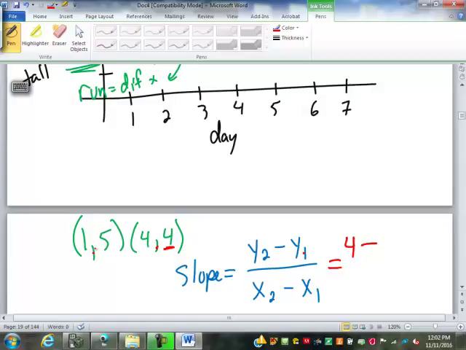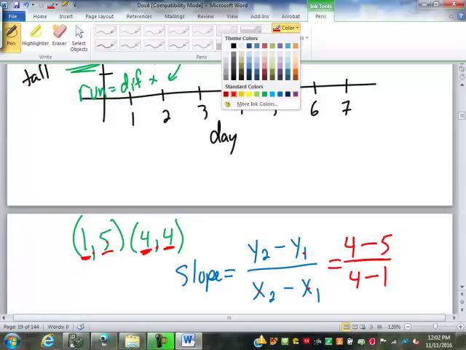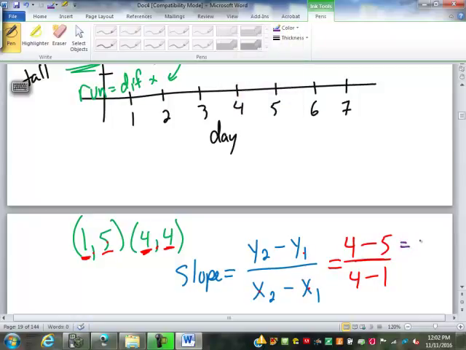So point 1, the y coordinate is 5, over x2 minus x1. x2 is the second point, its x coordinate is 4, minus x1, the first point, its x coordinate is 1. 4 minus 5 is -1. 4 minus 1 is 3, so it's a -1/3 slope.